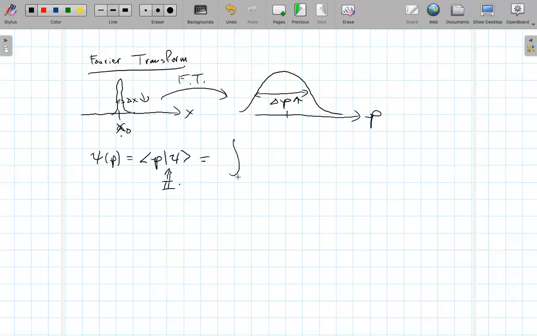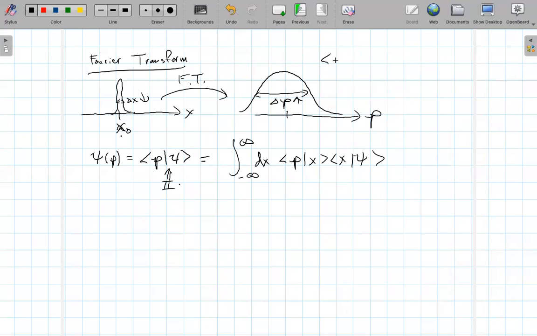So I'm going to write this as the integral from minus infinity to infinity over dx of the inner product of p with x, times x with psi. So this is my Gaussian wave packet again. And this was my transformation matrix from position space to momentum space.